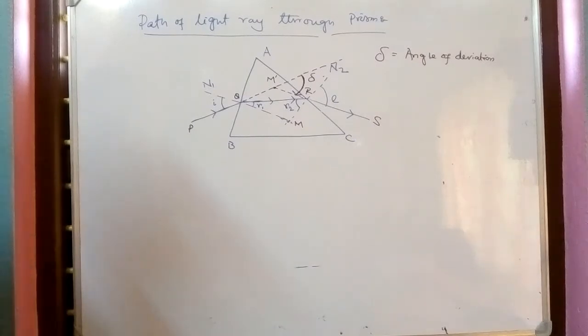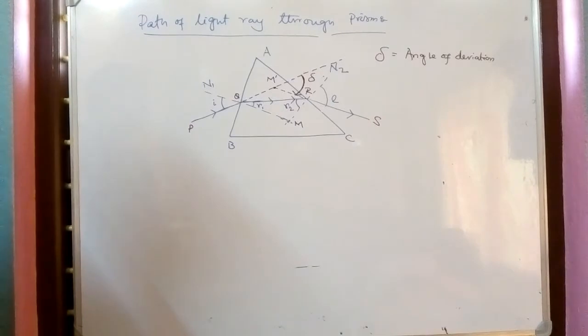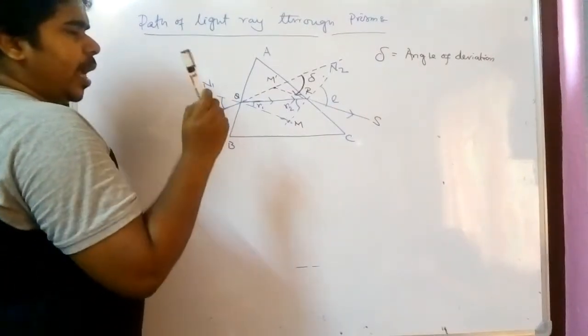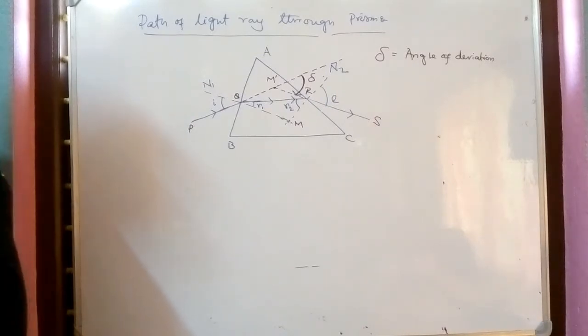Now if you see in your book, there is a relation that is proved between the angle of deviation, angle of incidence, and angle of refraction. That derivation is not important because it is not in your syllabus.